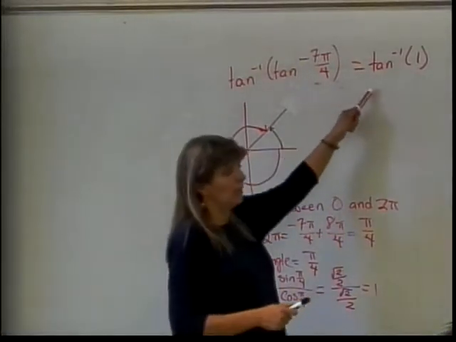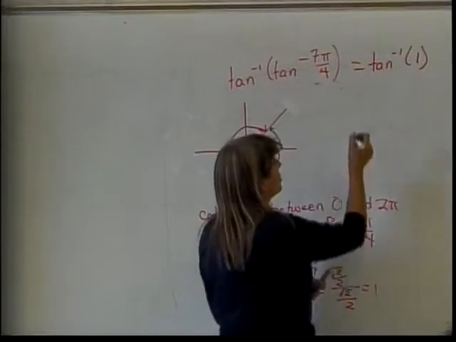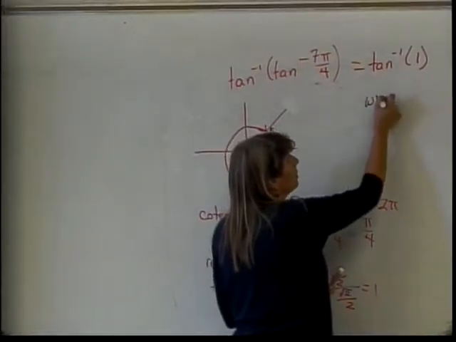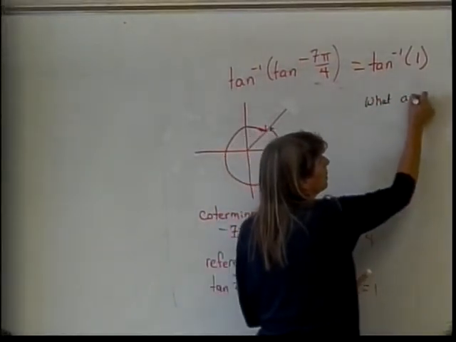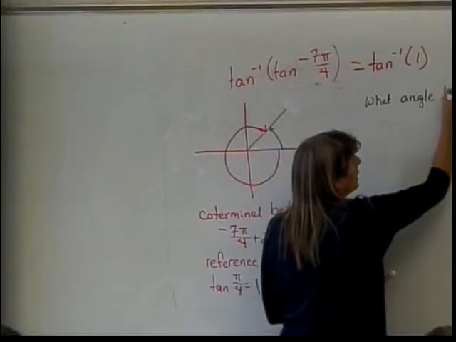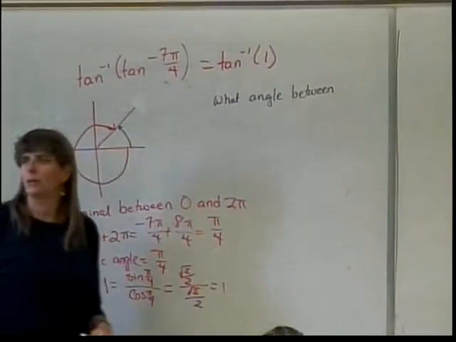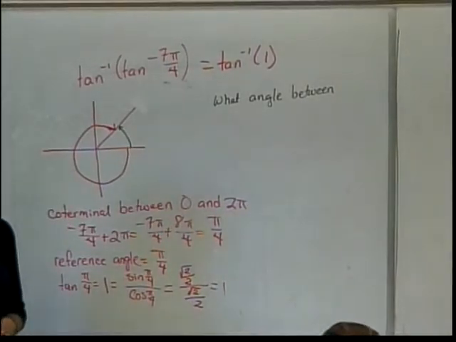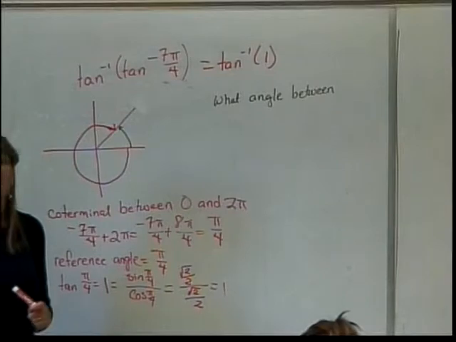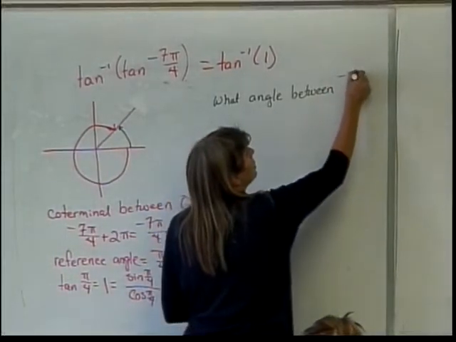What do I need to do to answer this question? That question is really asking what angle between where and where for my tangent inverse. What's my range on the tangent inverse? Negative pi over 2 to pi over 2.